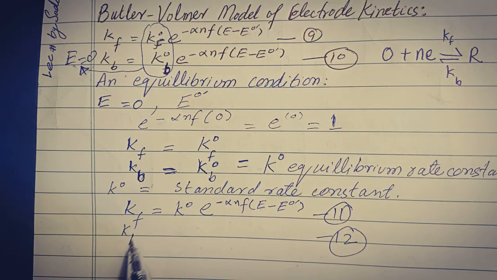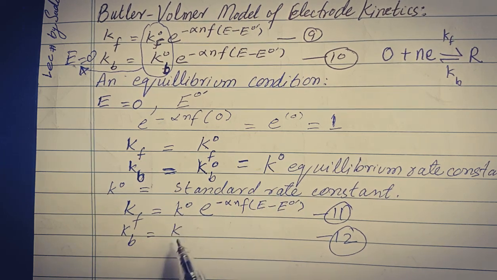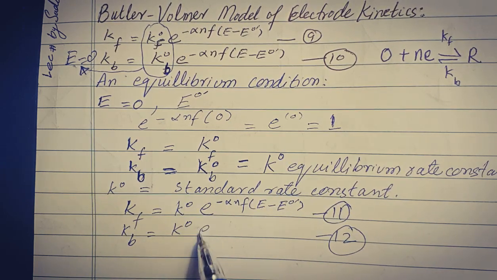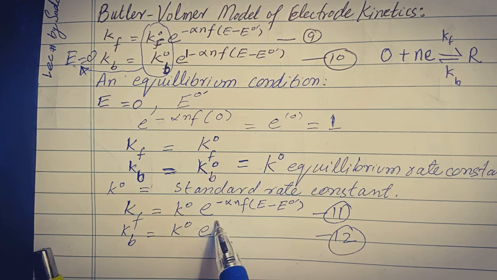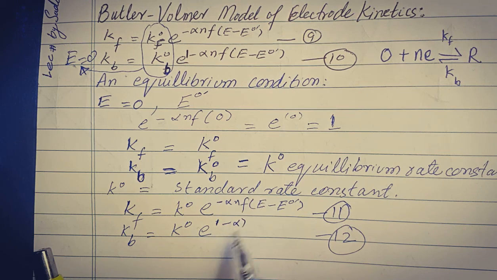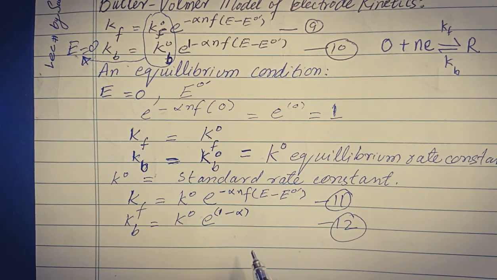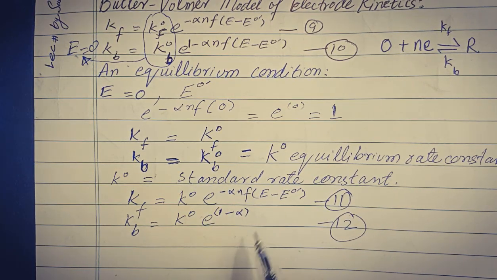Similarly, for the backward rate constant, we have the expression with 1 minus alpha, where alpha is known as the transfer coefficient.